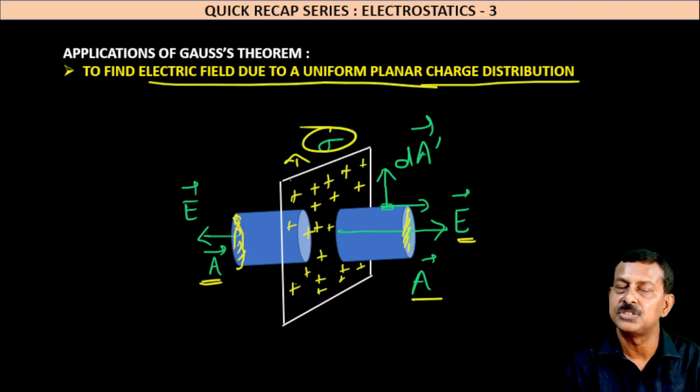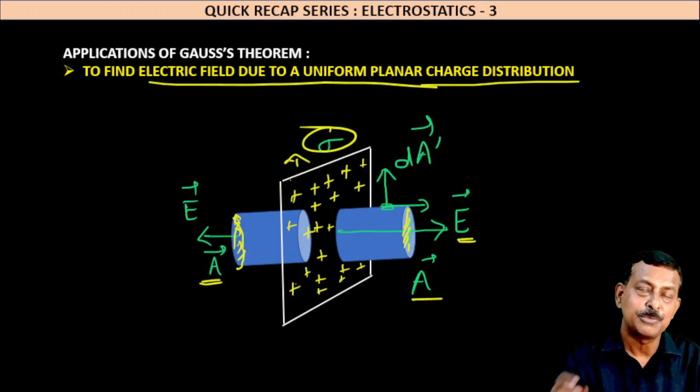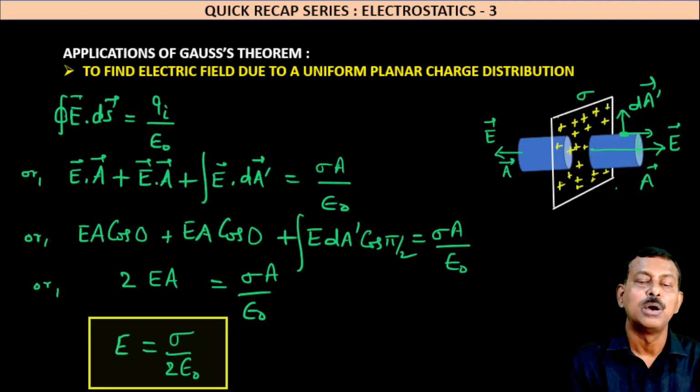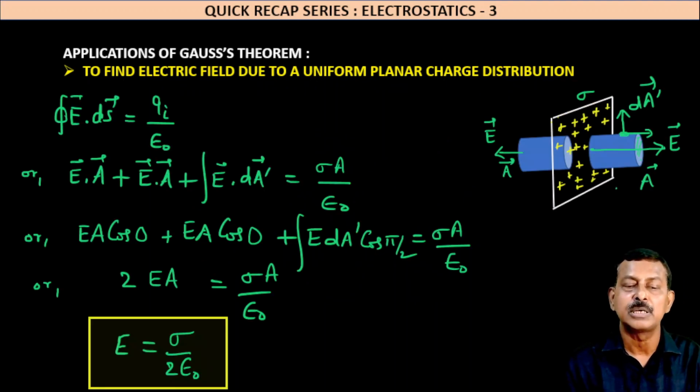Electric field is E. So if I apply Gauss theorem here, E dot ds integral over the closed surface is qi by epsilon naught.